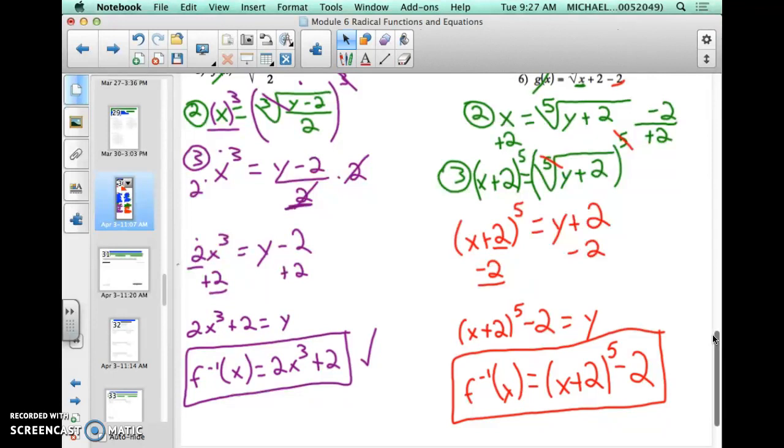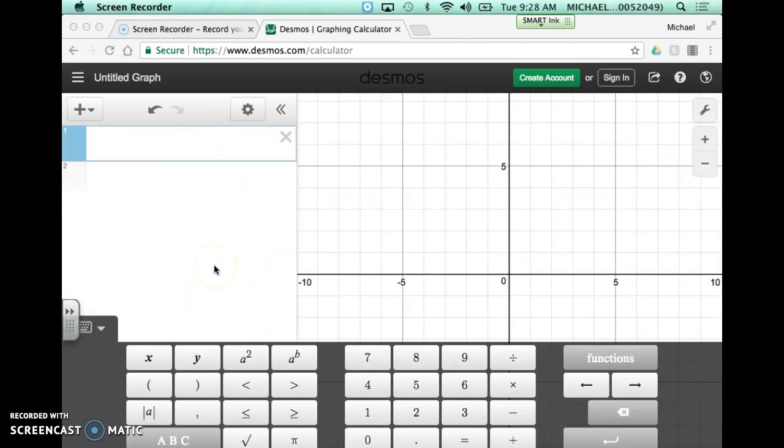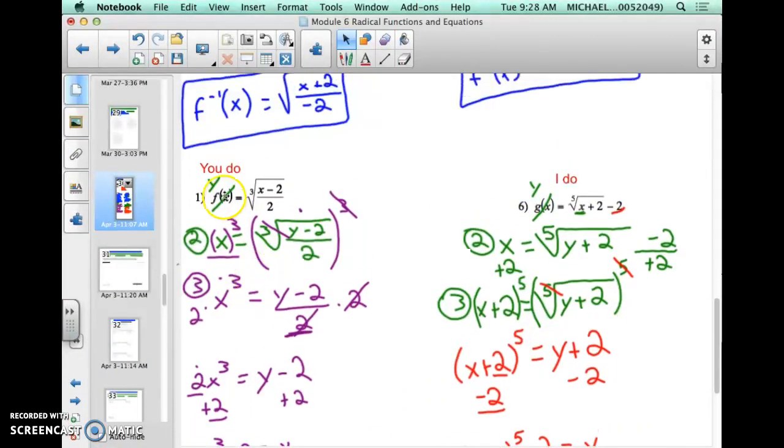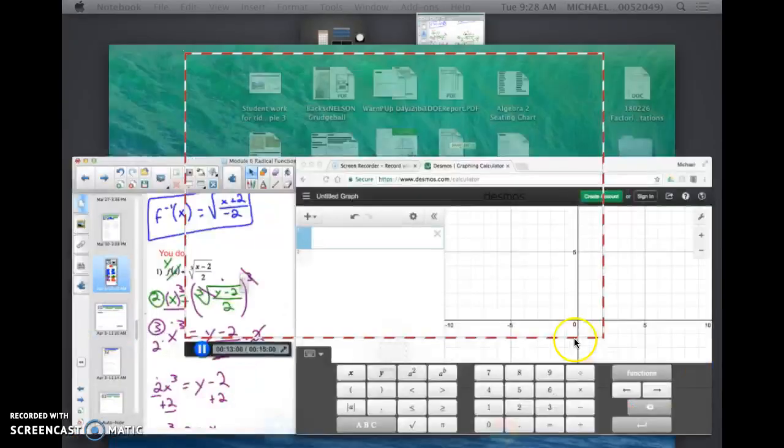And I'm just going to graph this last example to double check that the graphs are reciprocals across the line y equals x. So please follow along on the website Desmos with me. On Desmos, I'm going to graph the function that was given to you in your practice problem, y equals the cube root of x minus 2 divided by 2.